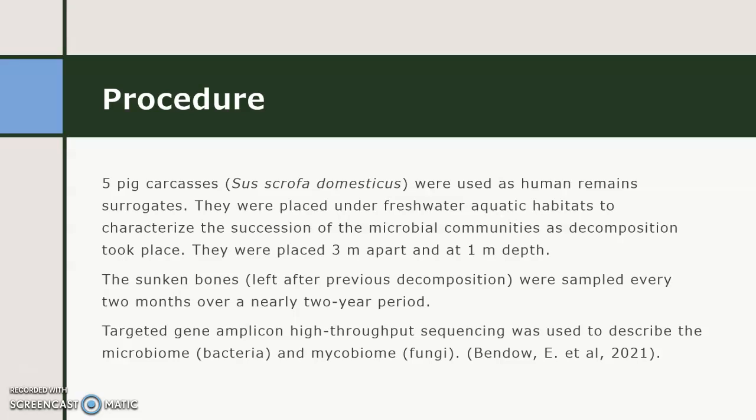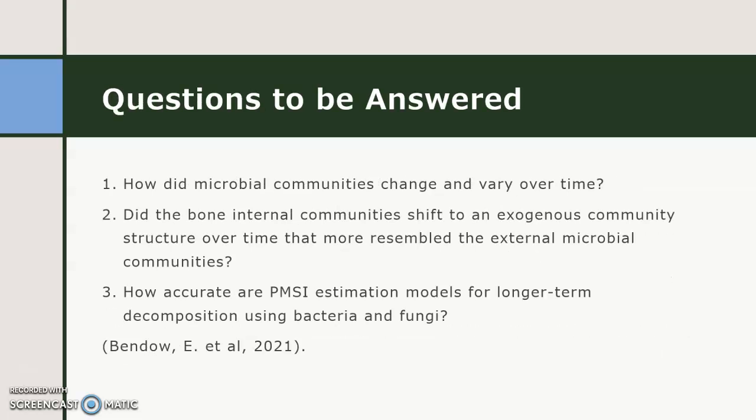So targeted gene amplicon high throughput sequencing was used to describe the microbiome, which is the bacteria, and mycobiome, the fungi. Some questions to be answered from the study were: how did microbial communities change and vary over time?